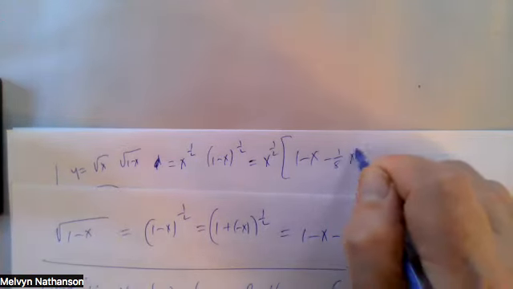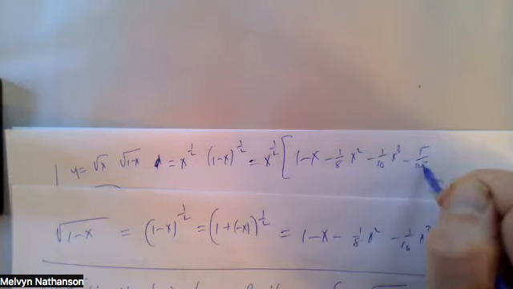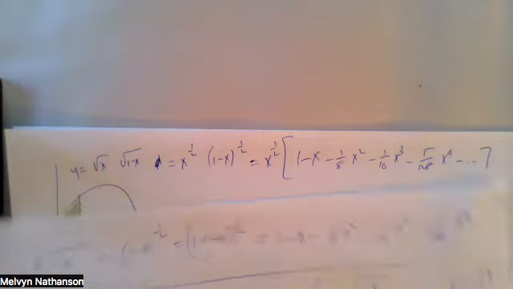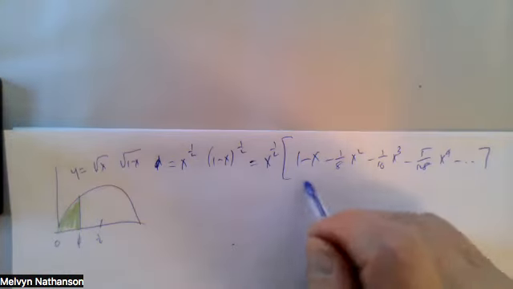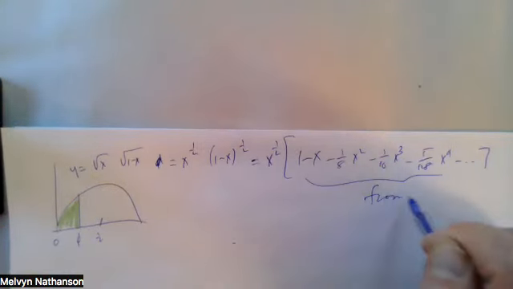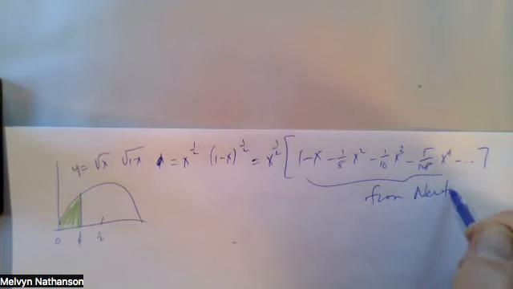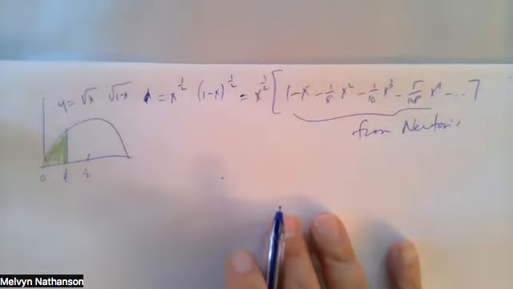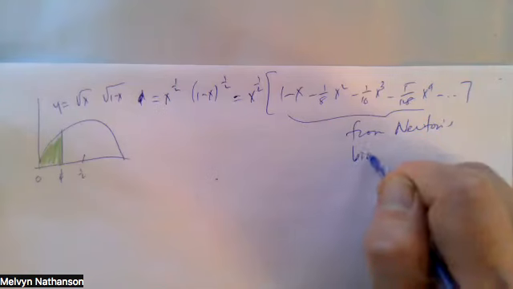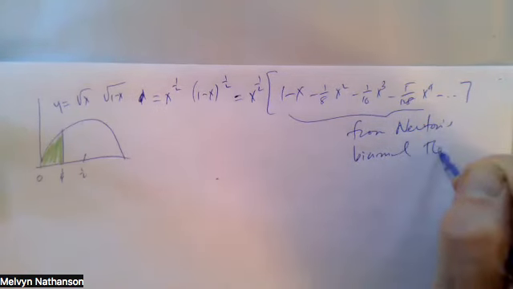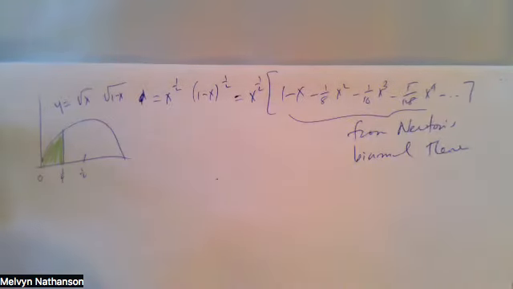One minus x minus 1/8 x squared minus 1/16 x cubed minus 5 over 128 x to the fourth, and so forth. This is from Newton's binomial theorem.